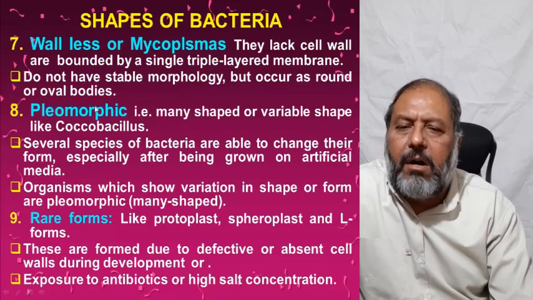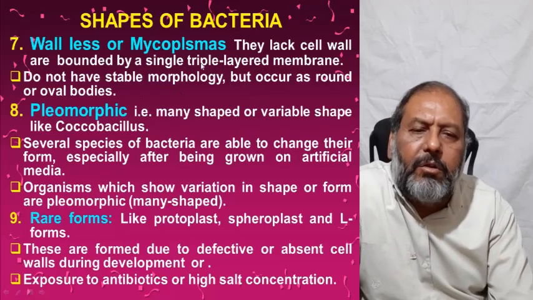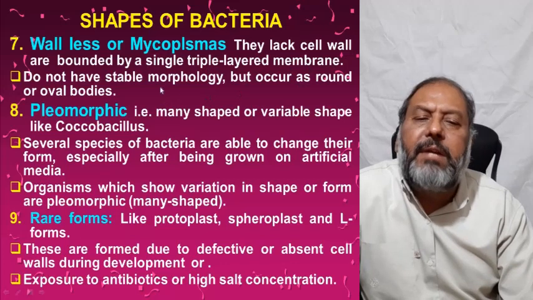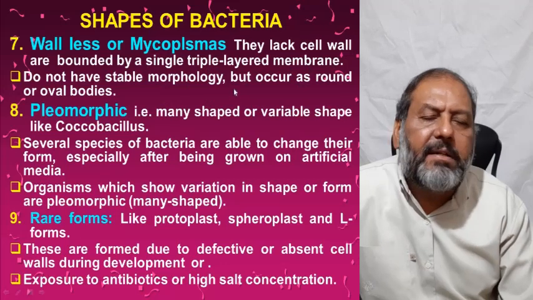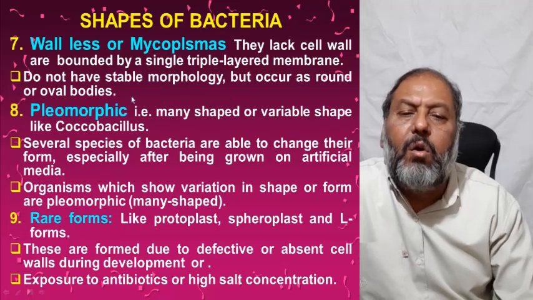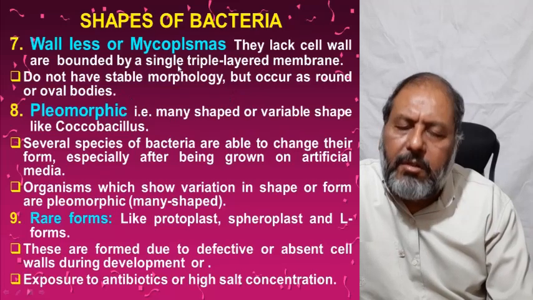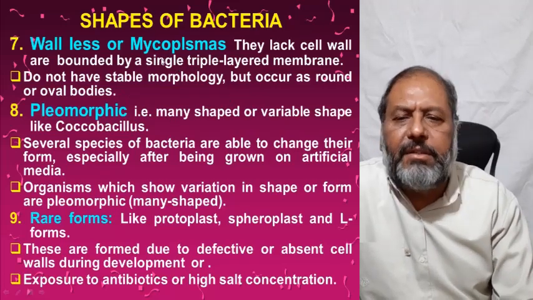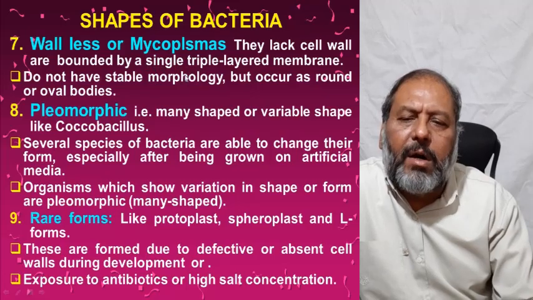They lack a cell wall, and are bound by only a single triple-layered membrane. They do not have a stable morphology but occur as round or oval bodies. These are usually considered to be the smallest bacteria, and are also called wall-less.